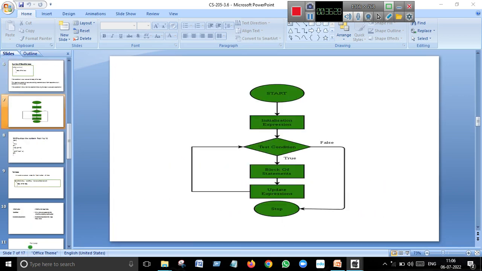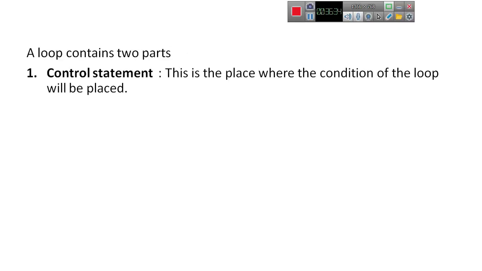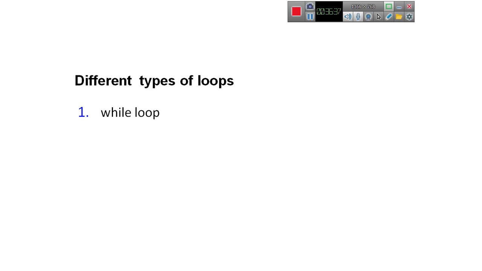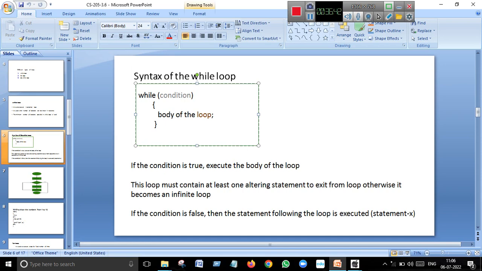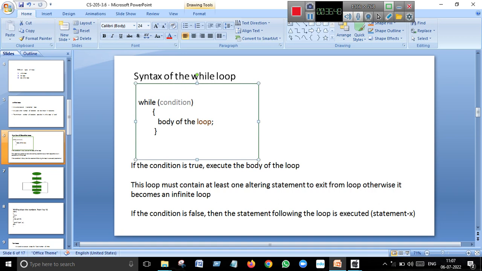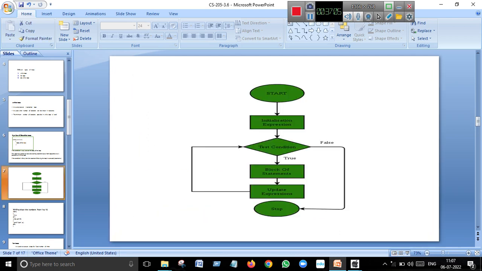Here is the syntax of the while loop. First the initialization statement, then the body of the loop, and then the update statement, increment or decrement statement.